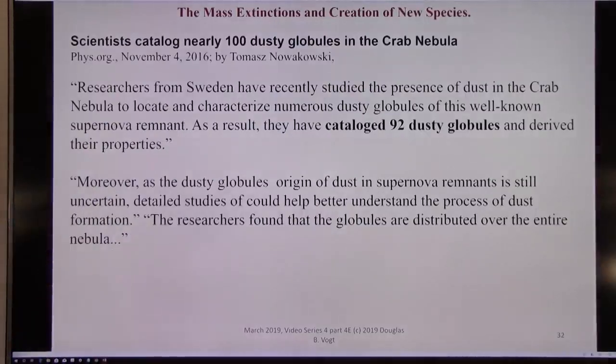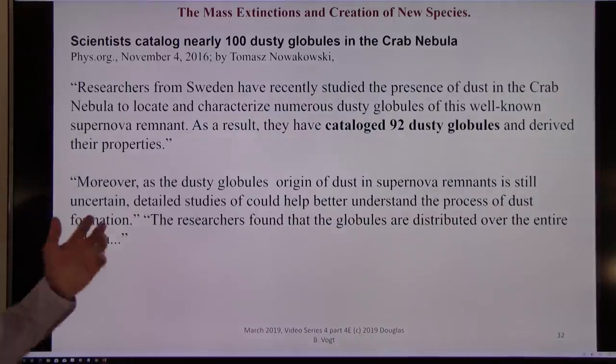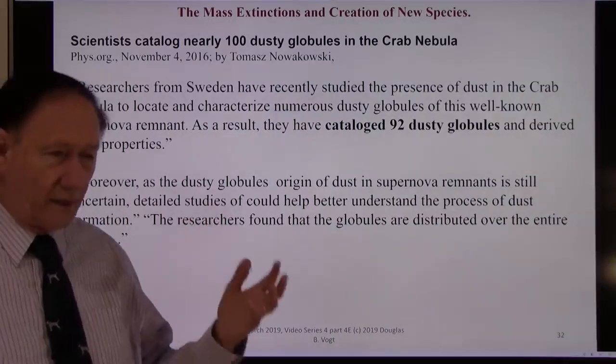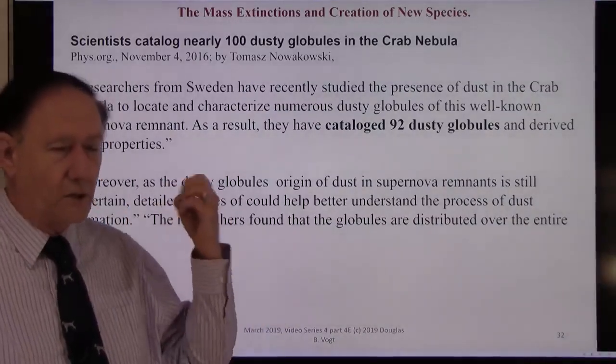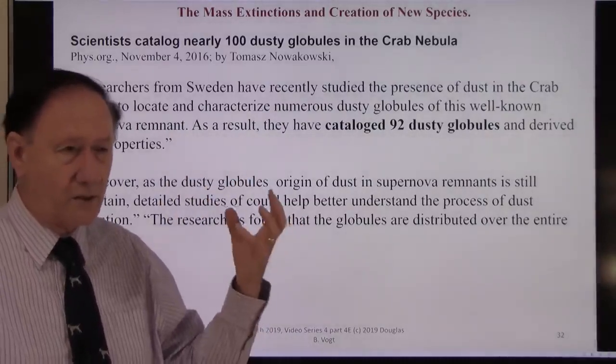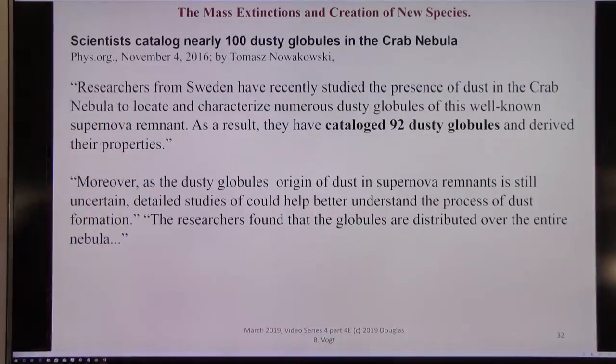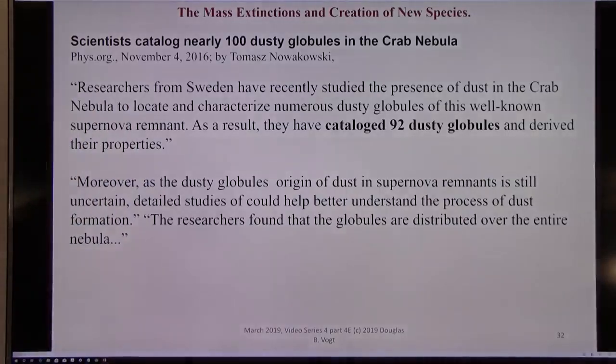Scientists cataloged near 100 dusty globules in the Crab Nebula. Again, this is showing stars, when they nova, give off their dust shell, this matter shell around the center. Researchers from Sweden have recently studied the presence of dust in the Crab Nebula to locate and characterize numerous dust globules of this well-known supernova remnant.